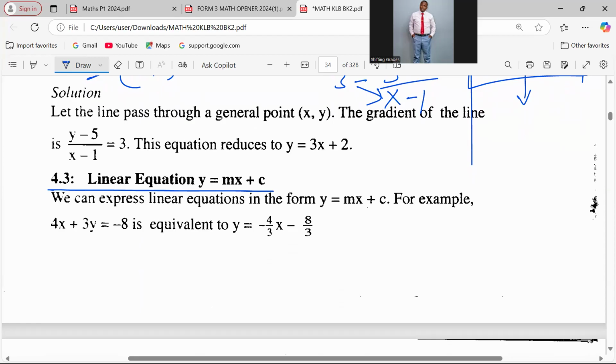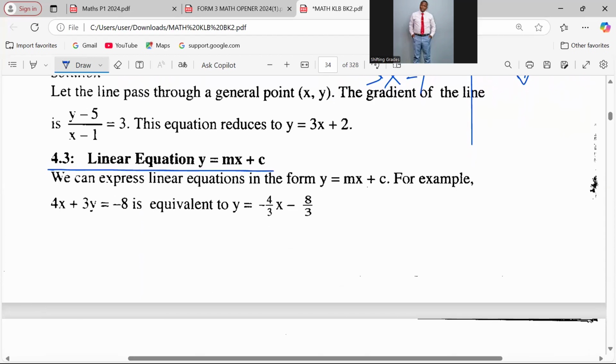We're supposed to know that when an equation has been arranged in this format, we have x and y being variables in that they can change as you move along the line. The coordinates of x and y are changing throughout. What about m and c?